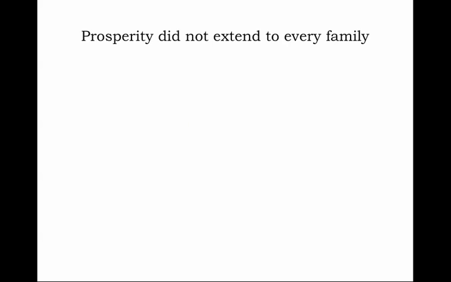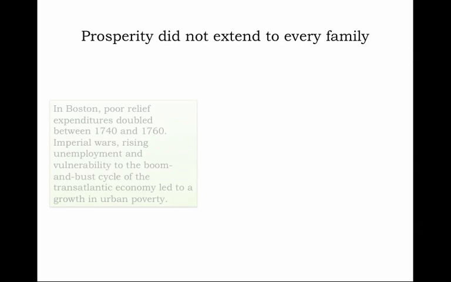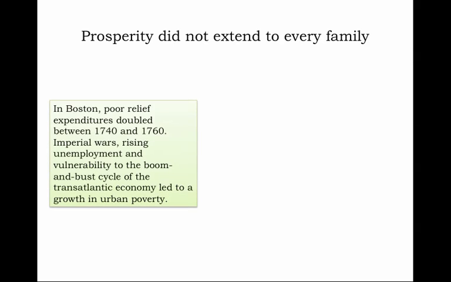It's hard to say any one thing about women in early colonial America. Certainly, it's not true that prosperity was universal among these hardworking Puritans. Prosperity did not extend to every family as the economy of Massachusetts grew increasingly commercial by the late 1600s and into the 1700s.